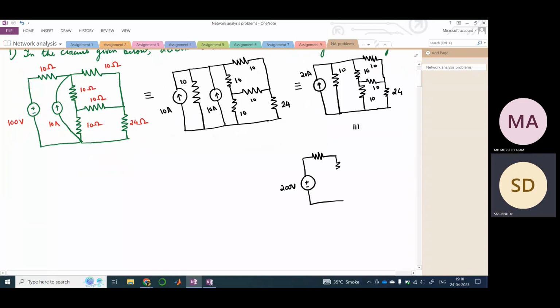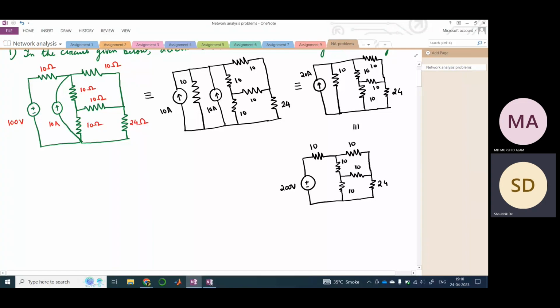So this is 24, this is 10, this is 10, this is also 10, this is also 10, and this is also 10. Now what we need to do is apply simple KVL here, because we are told to find the branch currents, right?